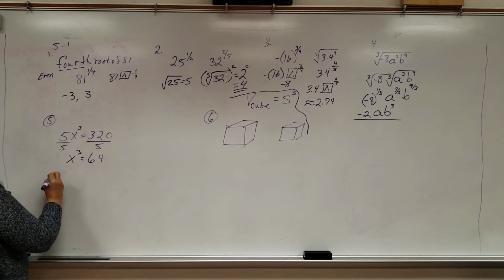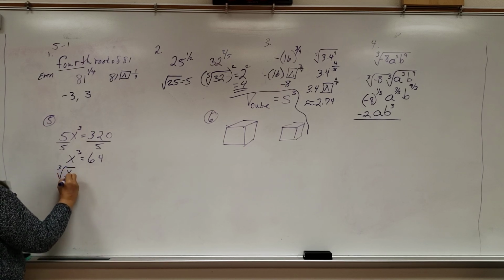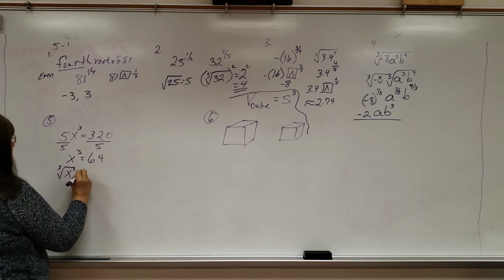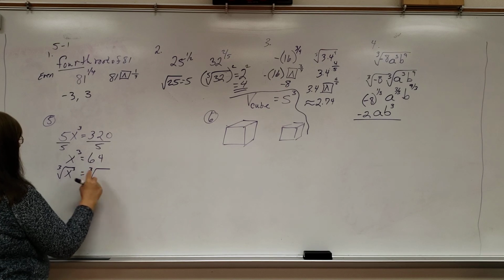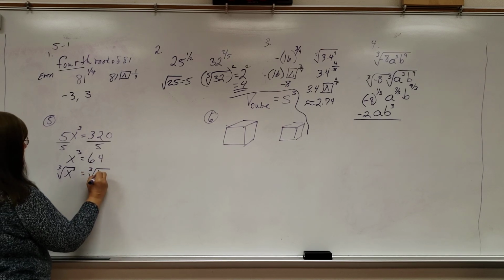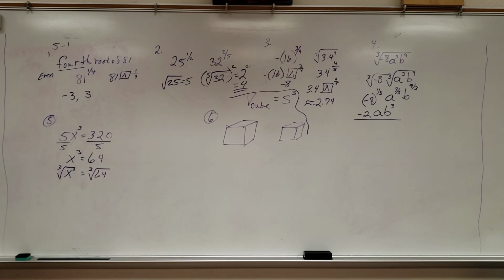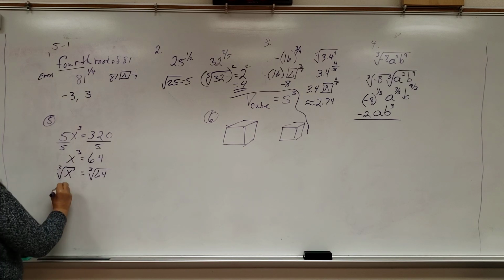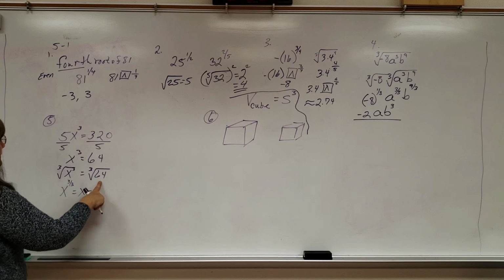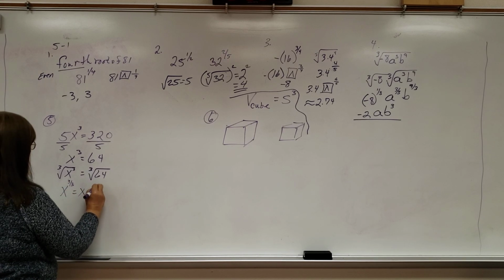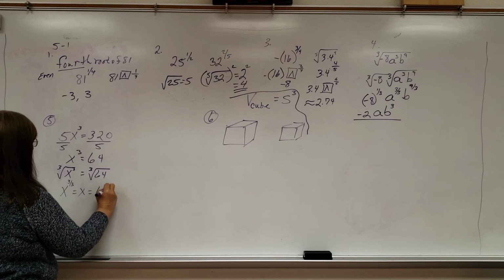The next thing we're going to do is we're going to take the cubed root of x cubed on both sides, and we're going to take the cubed root of 64. The cubed root of x cubed is the same as saying x to the 3 over 3, which is equal to x. 64 is going to be 64 to the 1/3.